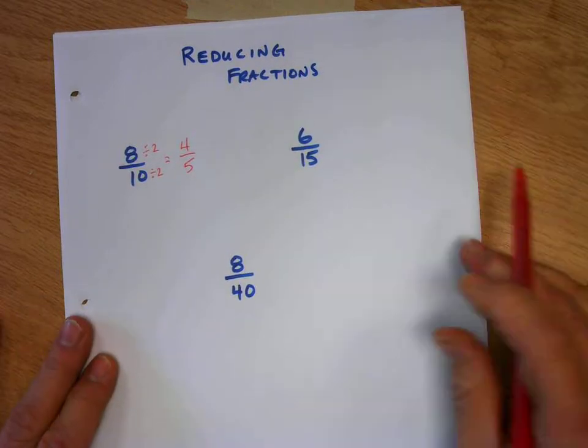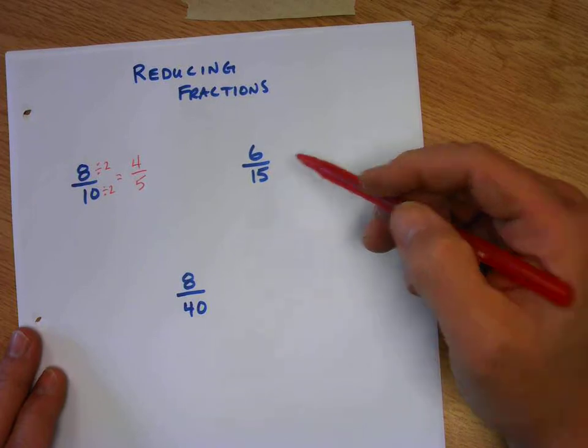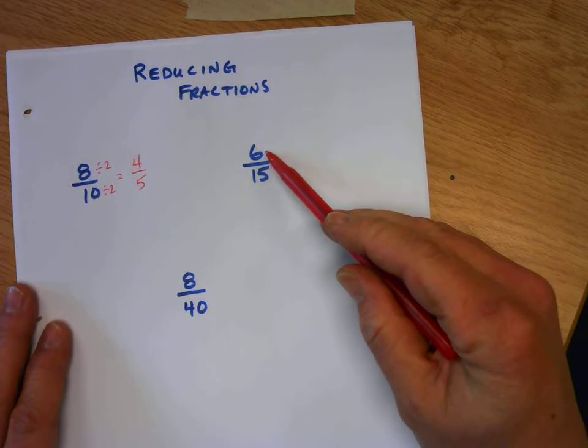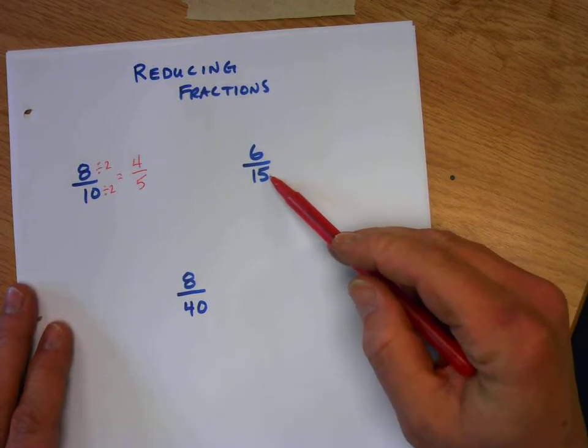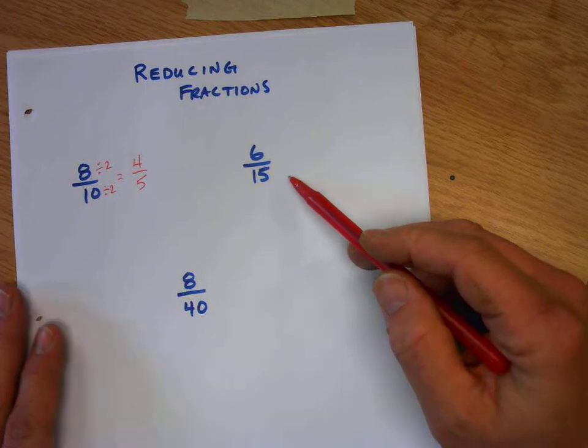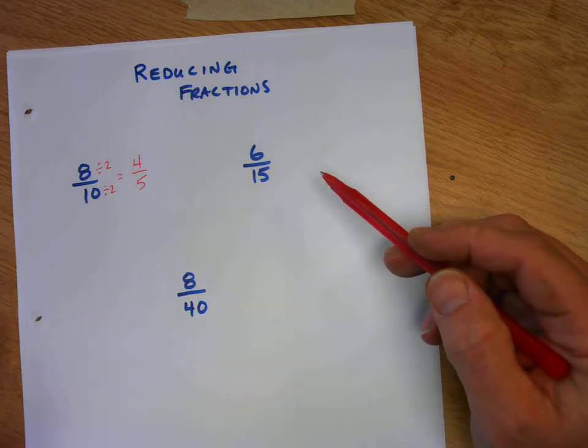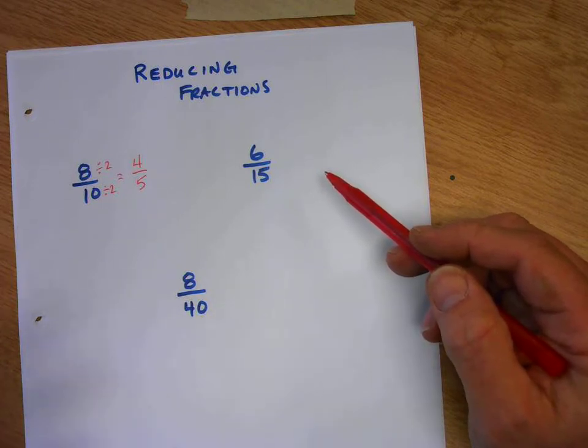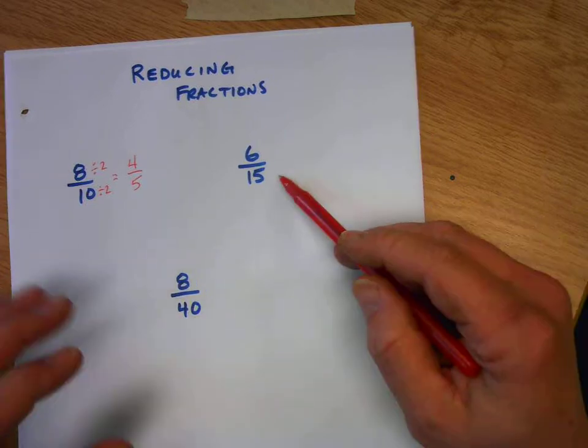Okay? Now, as we look at our second example, we have 6 and 15. In this case, the numerator, 6, is even, but the denominator is odd at 15. So, based on our divisibility rules, 2 nor any other even number, be it 4, 6, 8, or 10, can divide into the odd numbers.